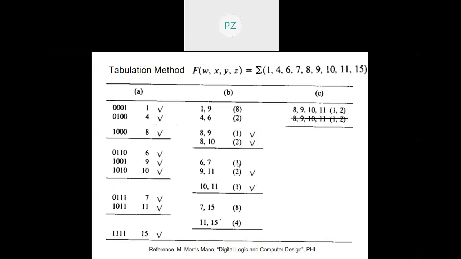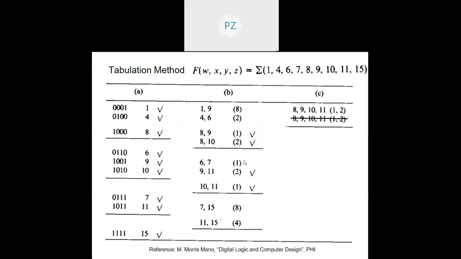8 1 cannot be combined, right? Similarly, 8 2 cannot be combined. Let us see 1 9 and 6 7. 1 9 and 6 7 cannot be combined. 1 9 and 9 11 cannot be combined. 1 9 and 10 11 could not be combined because they're not the same, right?